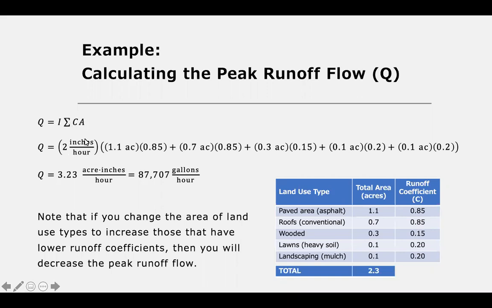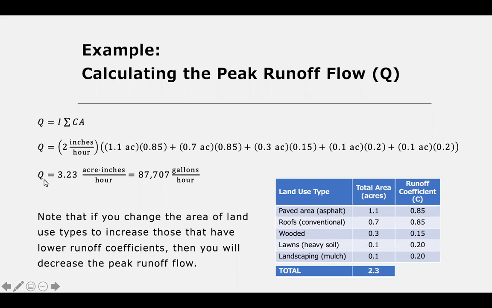All right, so I is equal to 2 inches per hour. That's our intensity. And then the sum of all C times A values is shown here, 1.1 acre with a C value of 0.85. That's the paved area. We have our roofs, which are 0.7 acres with a C value of 0.85, followed by the wooded area, 0.3 acres, the lawn, 0.1 acres, and the landscaped area, 0.1 acres.